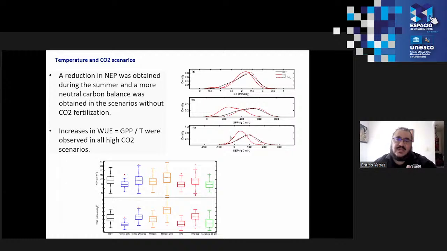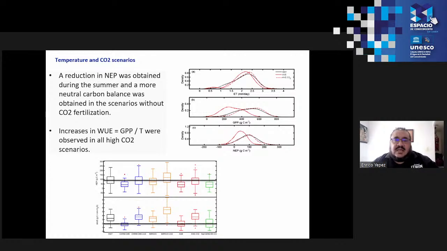So we noticed a decrease, an effect of this temperature on the performance of this system. However, as we know, as the climate is changing, CO2 is increasing in the atmosphere, and that's having a fertilization effect on ecosystems. And when we turn on the CO2 fertilization effect on this simulation, we notice how the conditions weren't as drastic as they happen only when the temperature was changed.